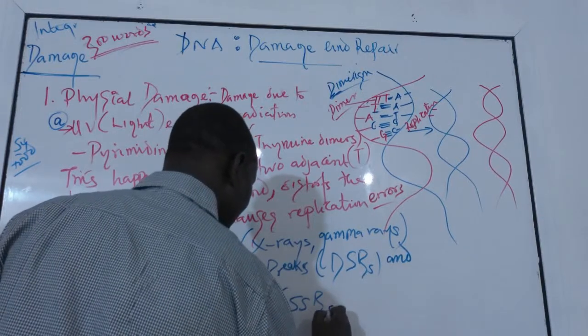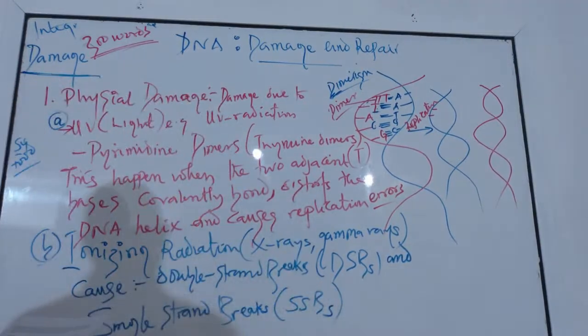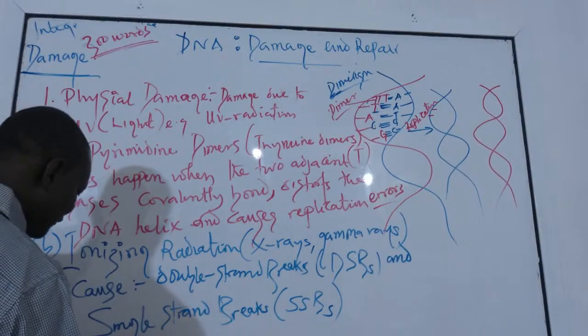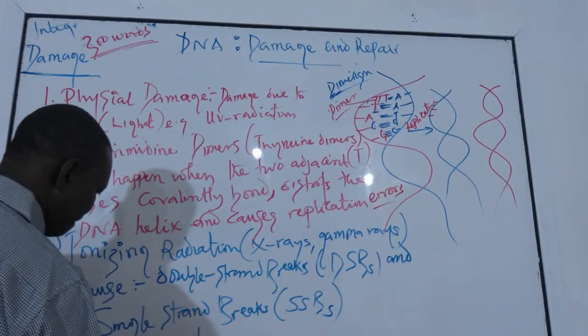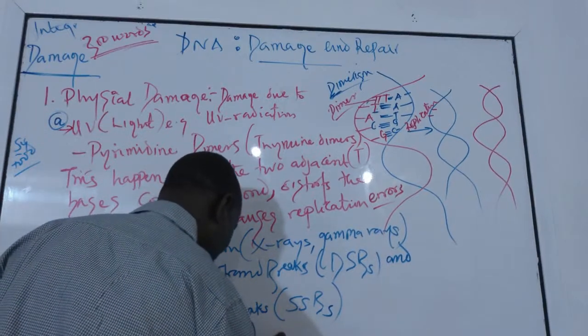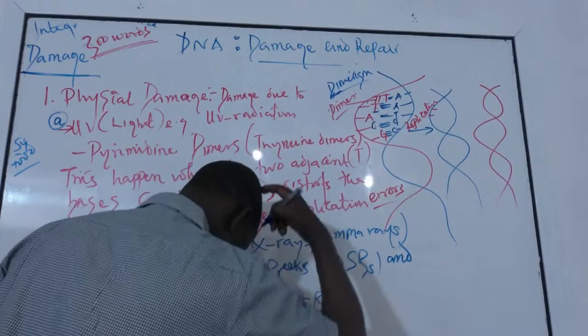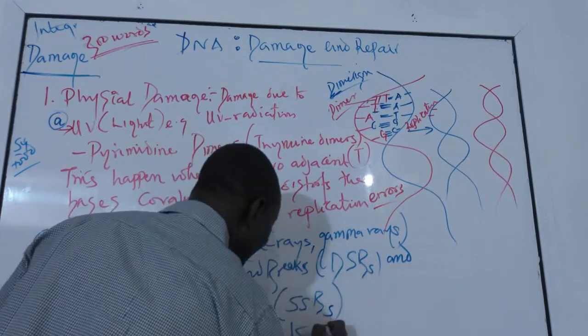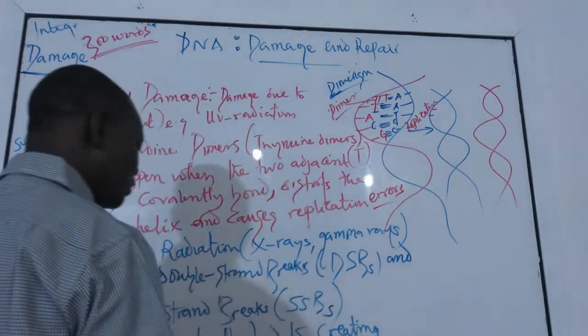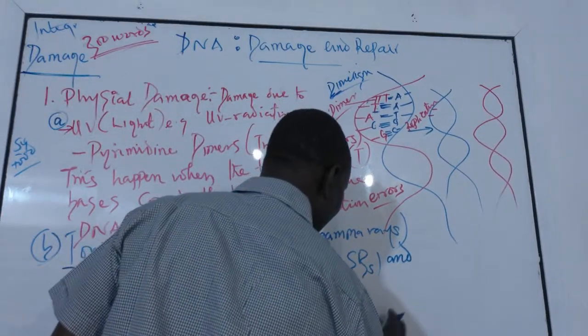Whenever there is either a DSB or an SSB, it will eventually lead to creating free radicals.